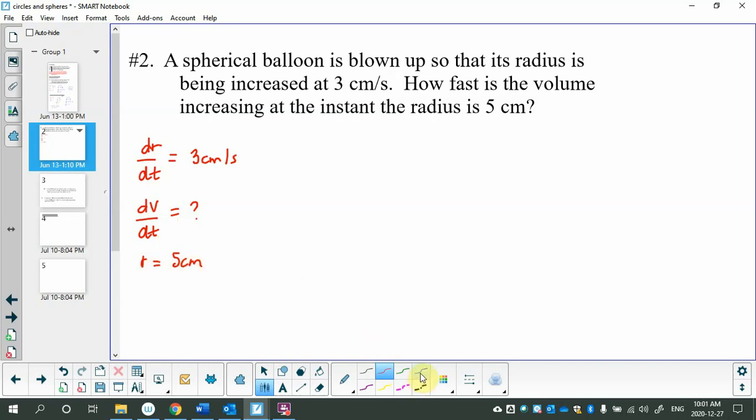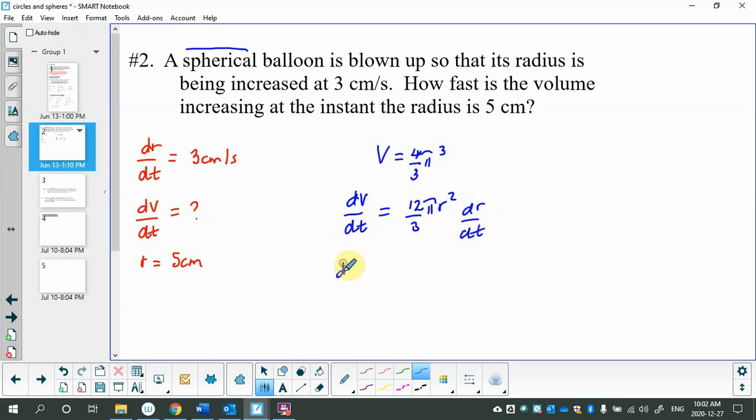So this time, we're going to need a formula that relates volume and radius of a sphere. So that is, volume is equal to 4/3 pi r cubed. Take the derivative, 1 on this side, and then dV by dt. That'll be 12 over 3 pi r squared dr by dt.